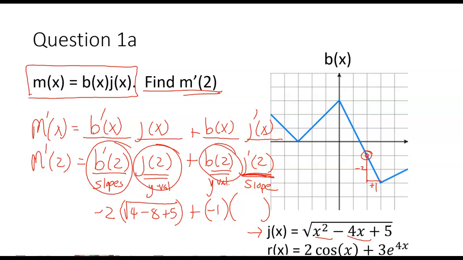Now that's going to take a little bit of work because I need to find this derivative first, and then I'm going to plug in 2, right? So let's see. Now I notice a lot of you guys like to do the process where you rewrite it like this.